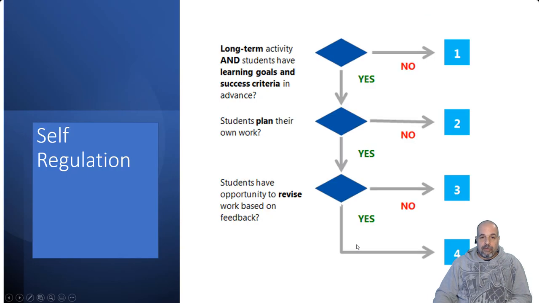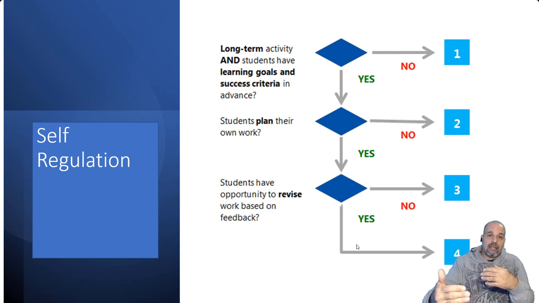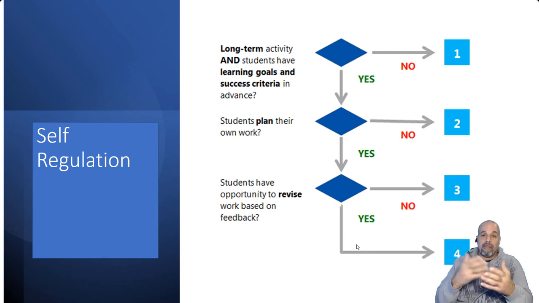And if we look further down, it says students have opportunity to revise work based on feedback. So essentially, instead of just giving them a piece of work, they complete it, they submit it to you, you mark it, and then give it back to them, and that's the end of it, or you're giving them some feedback. To be self-regulation and meet level 5, they have to be able to act on that feedback and then change whatever they've submitted, the piece of work, and then resubmit it so that it meets the requirements of the assessed piece of work.